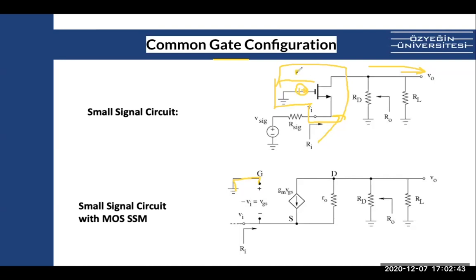Because it's a DC signal. So it's shorted. And now your source is connected to your signal here. So you connect this one to your source, as you can see.